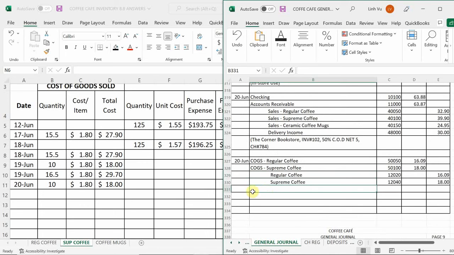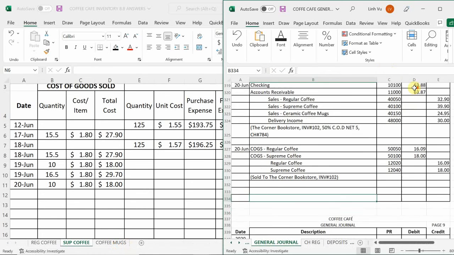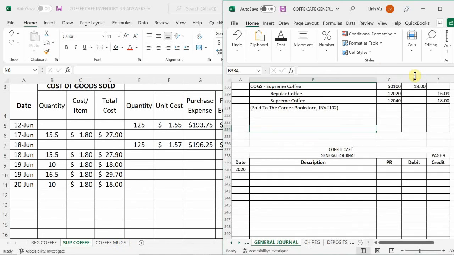So we're at the bottom of page 8. That means the next transaction is going to be on the next page. Okay, so page 9 of the journal.